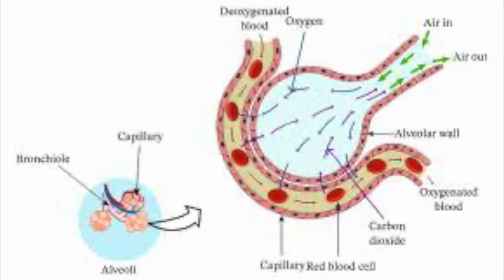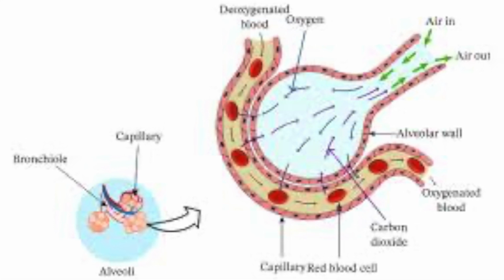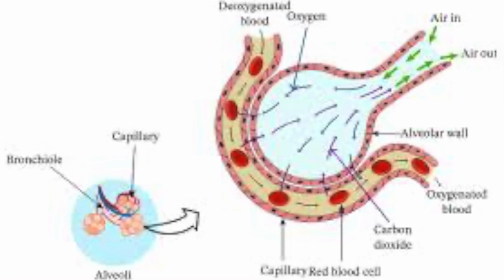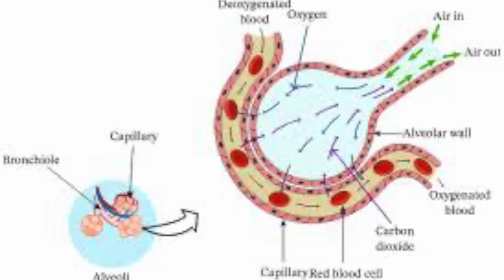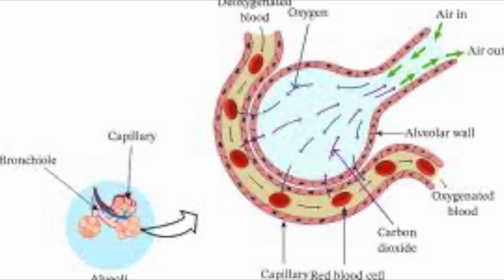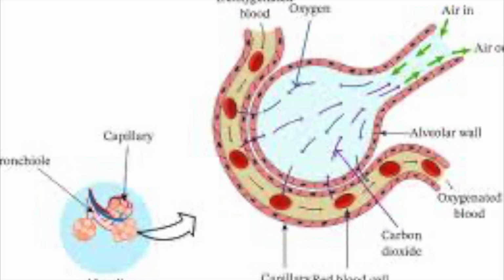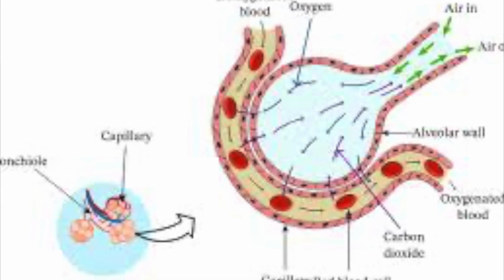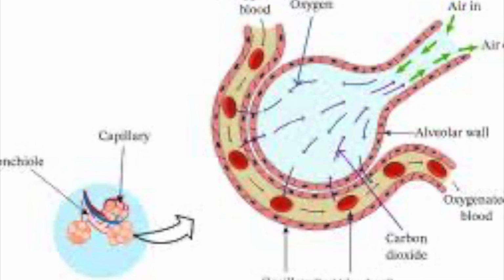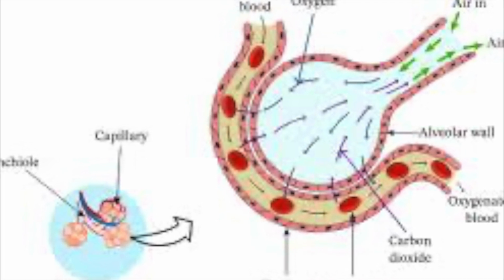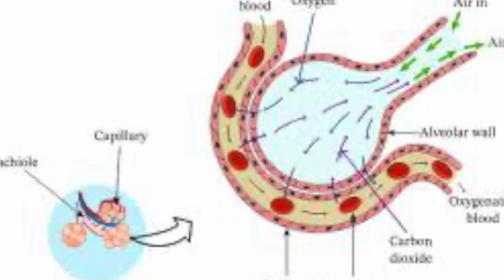Now, these alveoli in the lungs are running parallel to the capillaries in the bloodstream. And they are so small, these capillaries, that only one cell at a time can pass through in single file in these small little capillaries that go alongside the lungs.